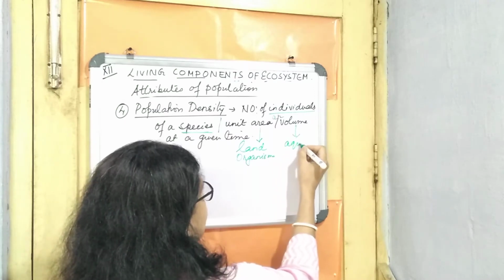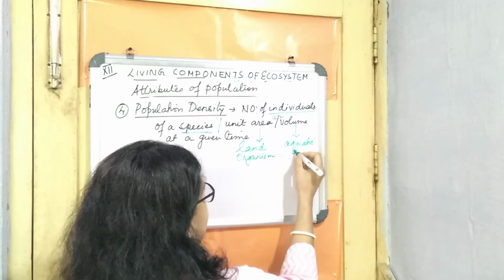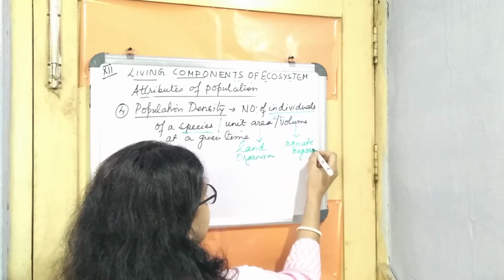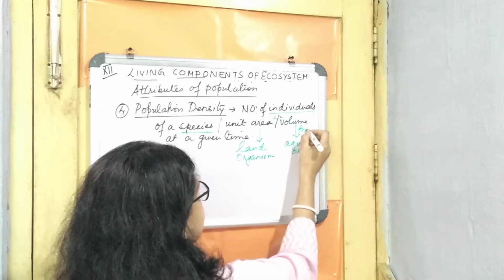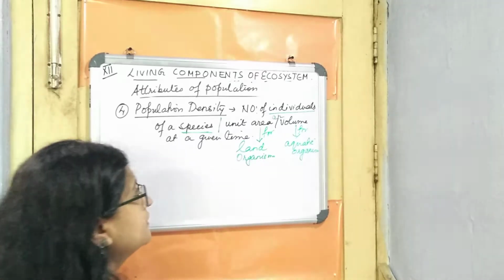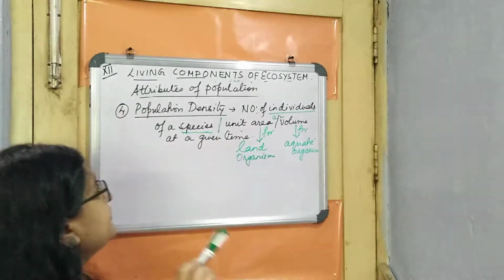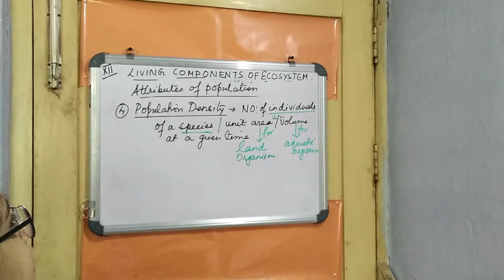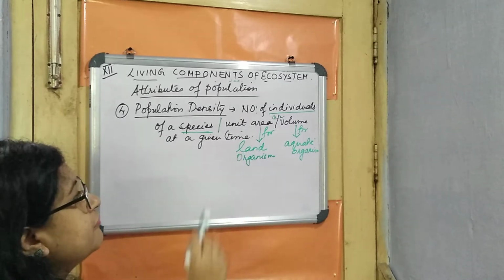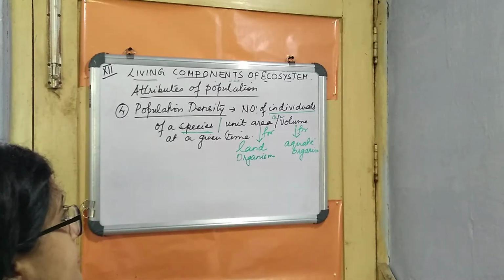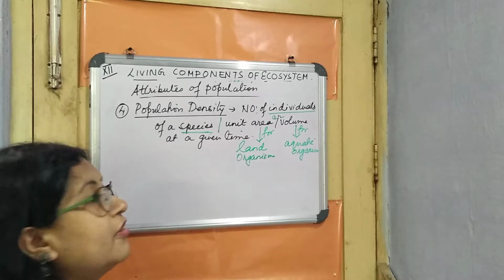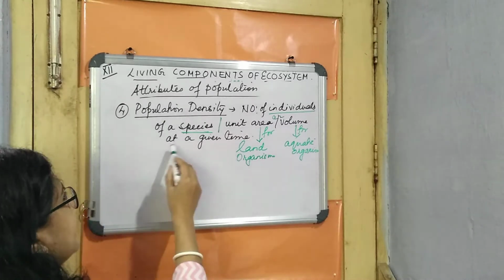This is for aquatic organisms, this is for land organisms. Is it clear? So again, population density is the number of individuals of a species per unit area for land organisms or per unit volume for aquatic organisms at a given time.